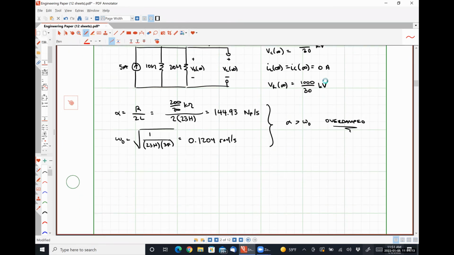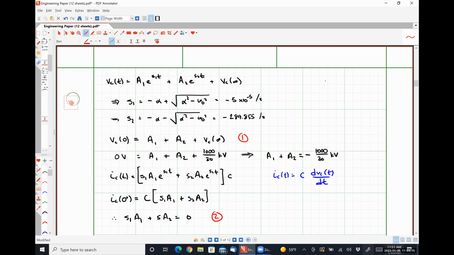Let me scroll down to our analysis, right? So IC of T is just C, which we know, multiplied by S1, which we know, multiplied by A1, which we know, e to the S1T, plus C S2 A2 e to the S2T.